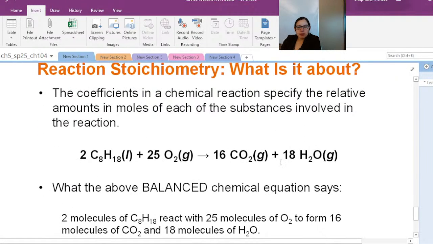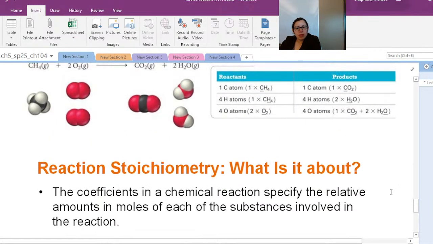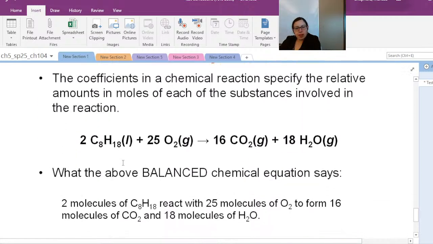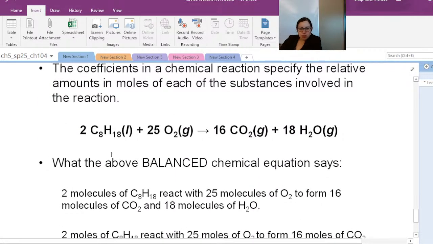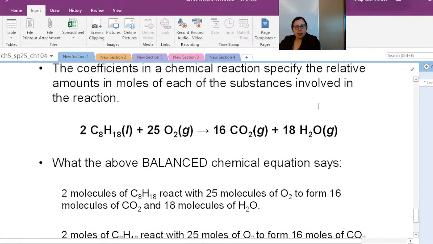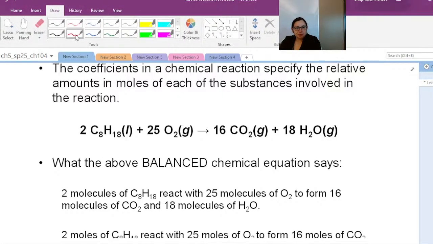And so now we want to understand, what are we saying when we write this statement? And of course, they've shown us atoms. And so yes, we could be talking about individual molecules or atoms. And so now we're looking at this combustion reaction. So let's write that down. So combustion.